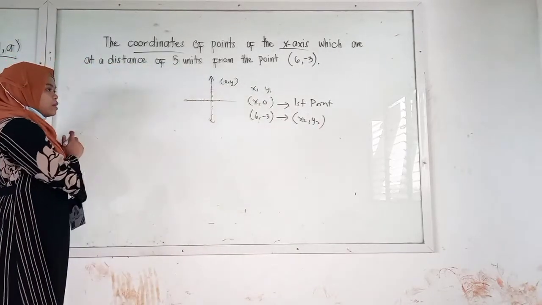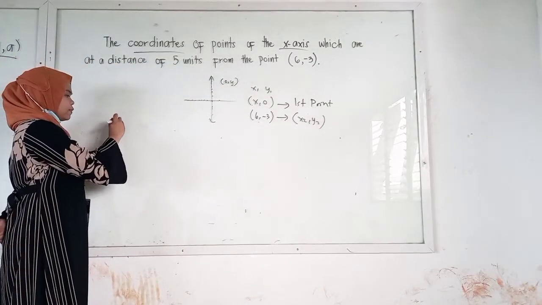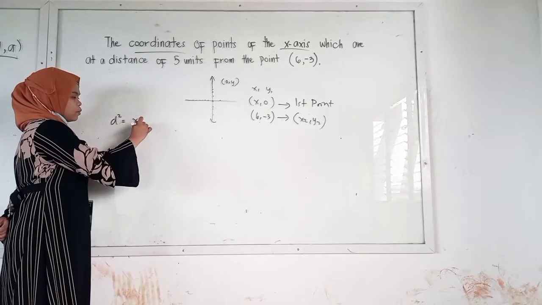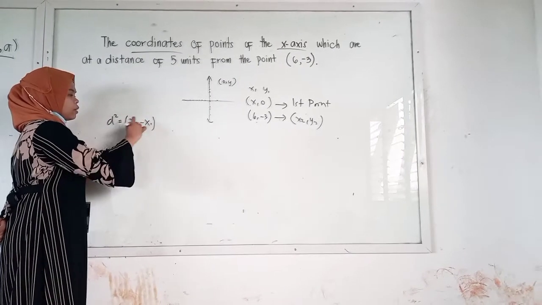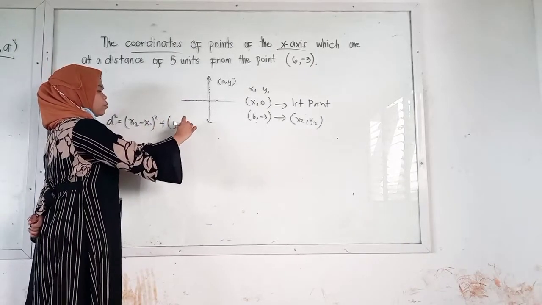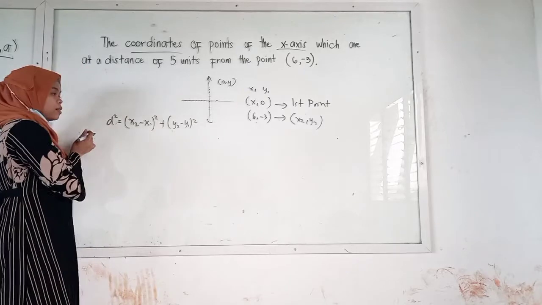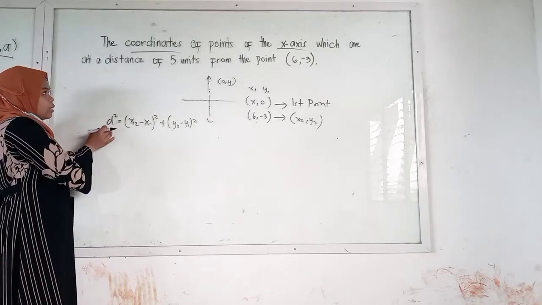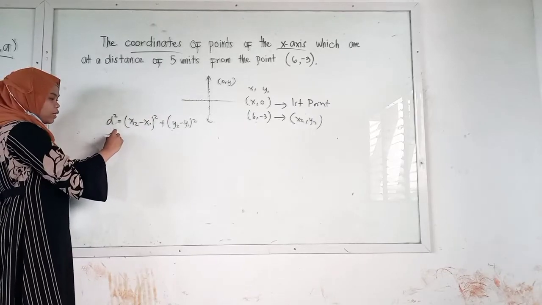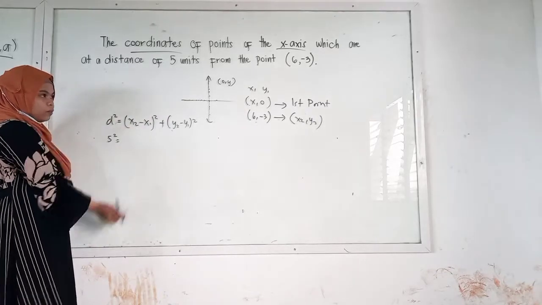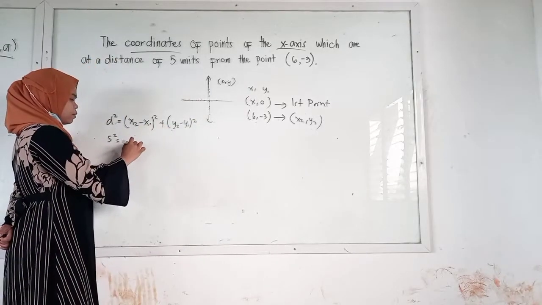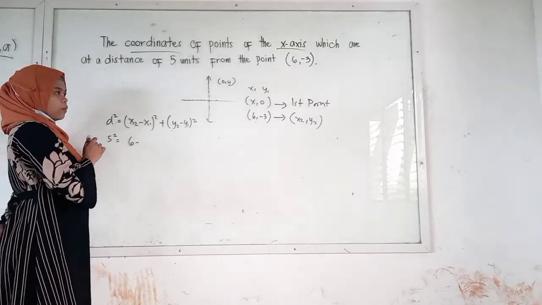So again, using the distance formula, I have d squared is equal to (x sub 2 minus x sub 1) quantity squared plus (y sub 2 minus y sub 1) quantity squared. And then by substitution, my d is 5 units. So that is 5 squared. What is my x sub 2? My x sub 2 is 6 minus x sub 1. What is x sub 1?